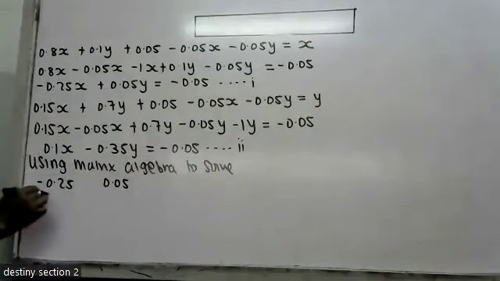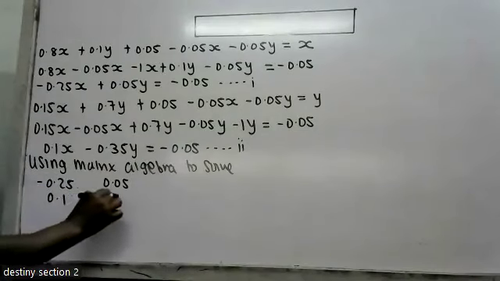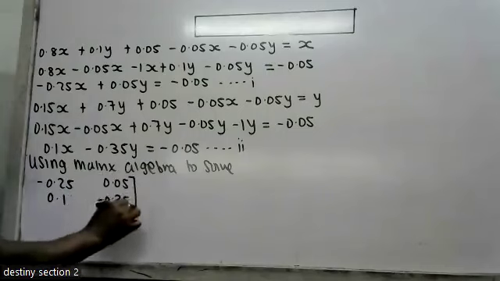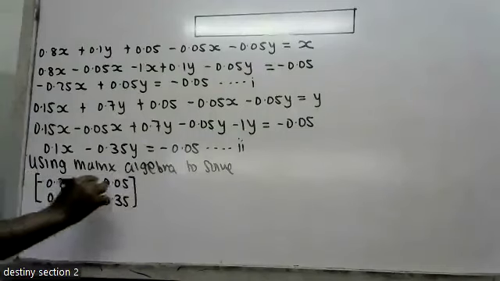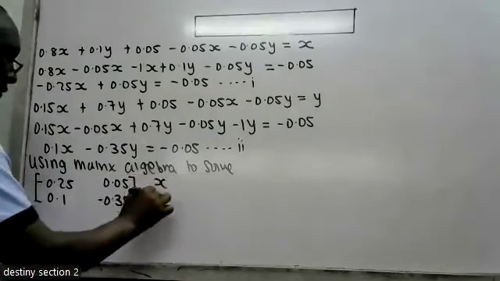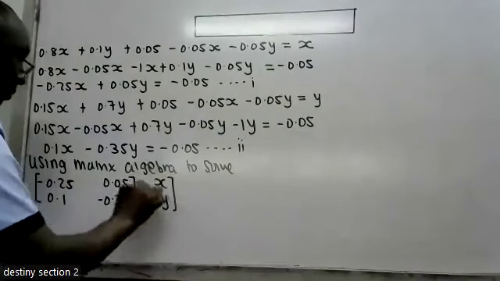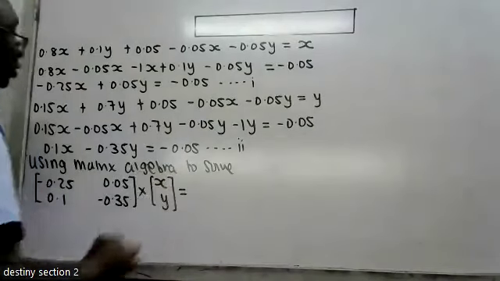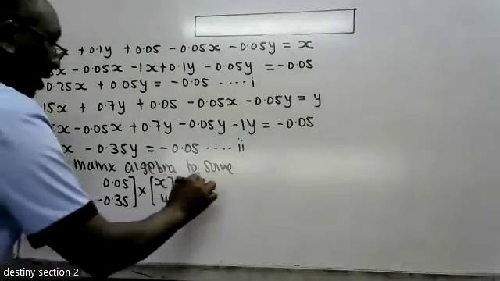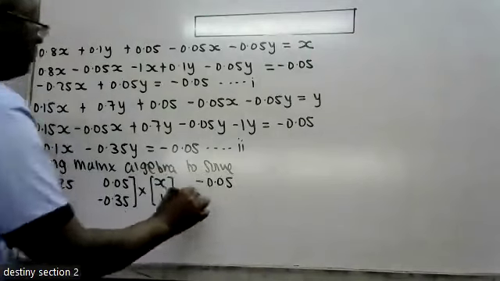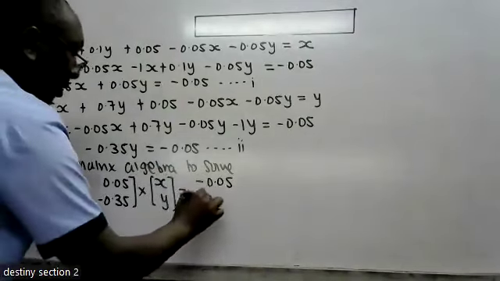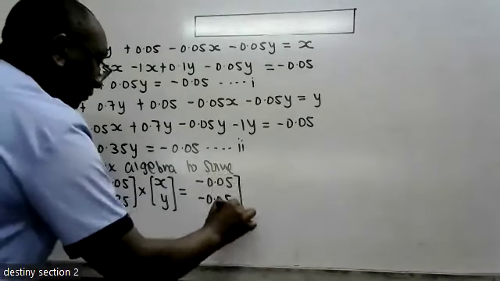Alafu nikikuja kwa hii, niko na 0.1 and minus 0.35. Multiply x and y should give us minus 0.05 and another one here minus 0.05.